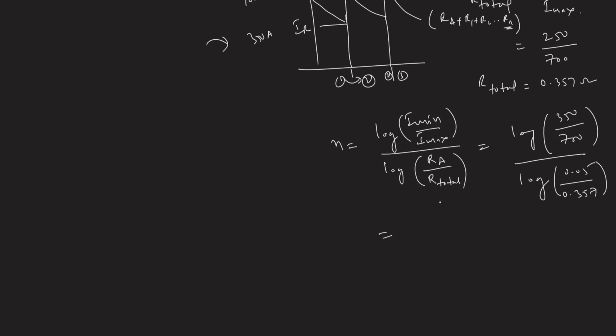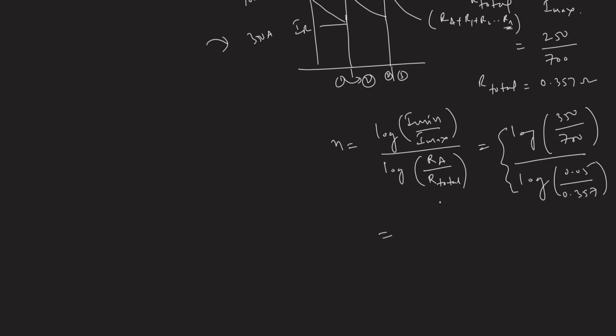No, I want this total ratio: log of 350 by 700 by log of 0.05 by 0.357.